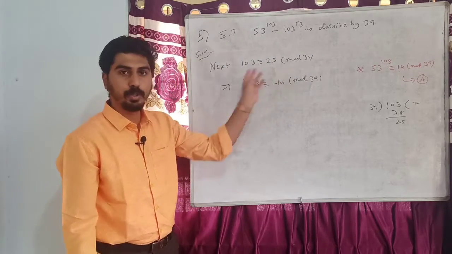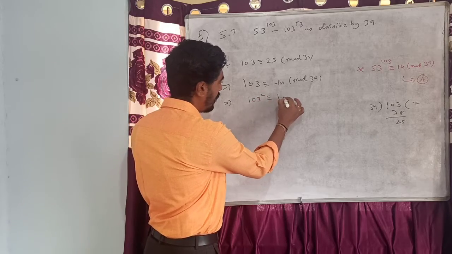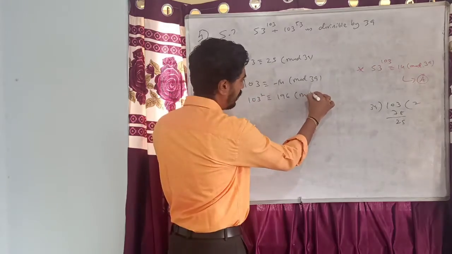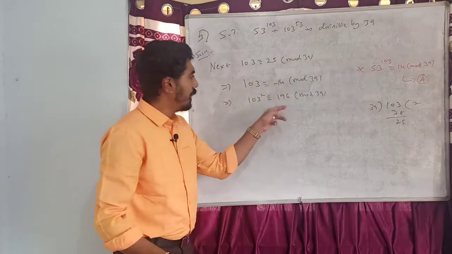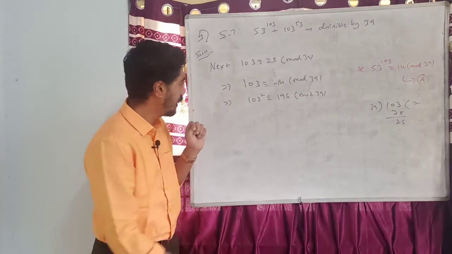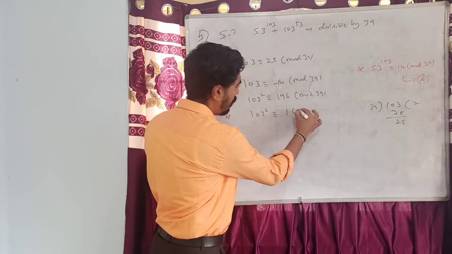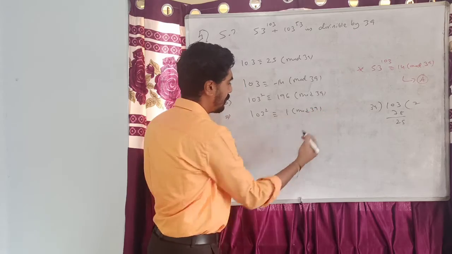When I square both sides, I get 103 square is congruent to 196 modulo 39. We have seen that 196 when divided by 39 leaves the remainder 1. Therefore, 103 square is congruent to 1 modulo 39.